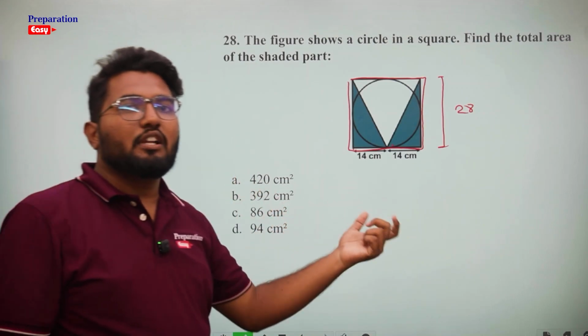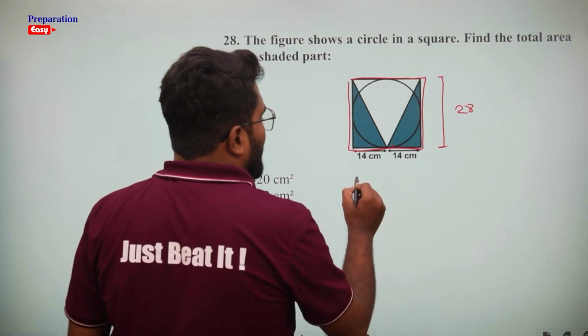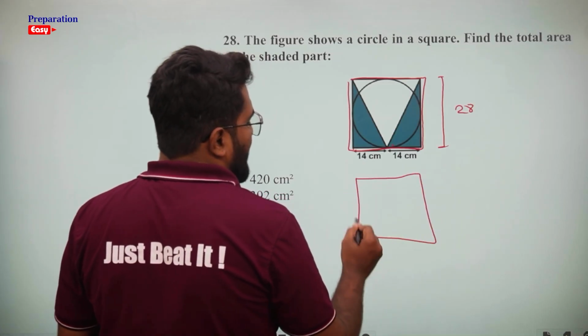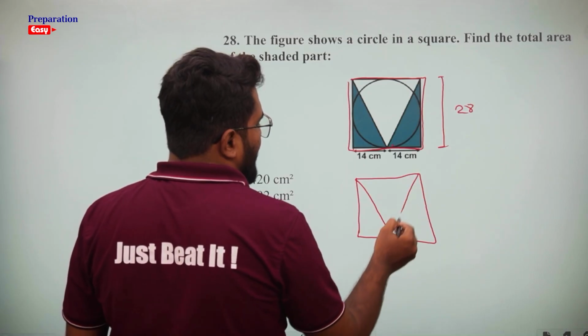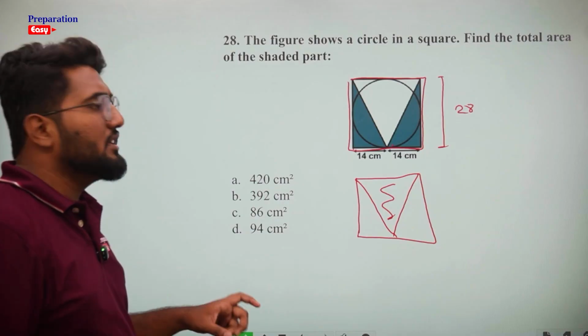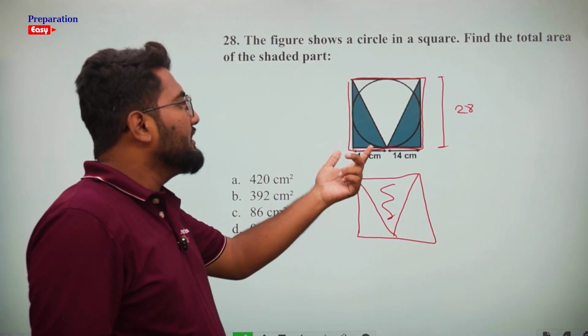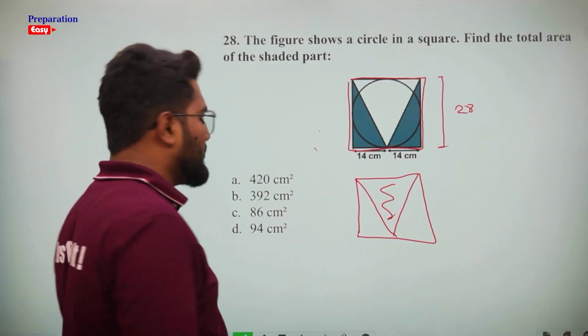We have to find the total area of shaded part. To find it, first we will find the area of square, then we will subtract the area of unshaded part, or second option is that we will directly find the area of the shaded part in two separate triangles. Okay.